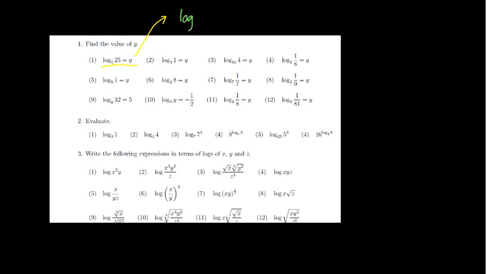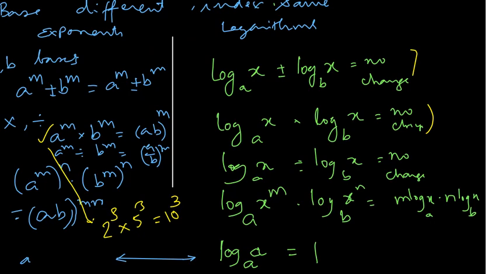Now I am seeing some power here, so I apply the last rule. Whenever I have something with a power, this m comes to the front, we said, right? Here there is only one logarithm, we don't have two logarithms. So this exponent will come to the front.